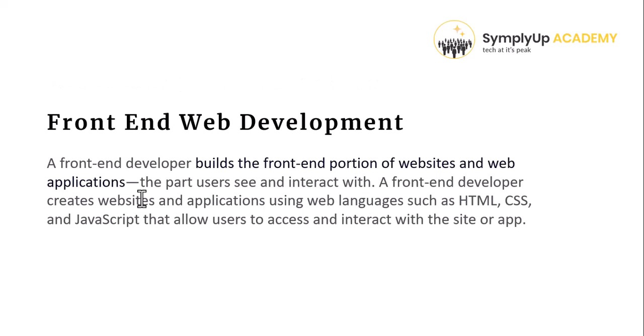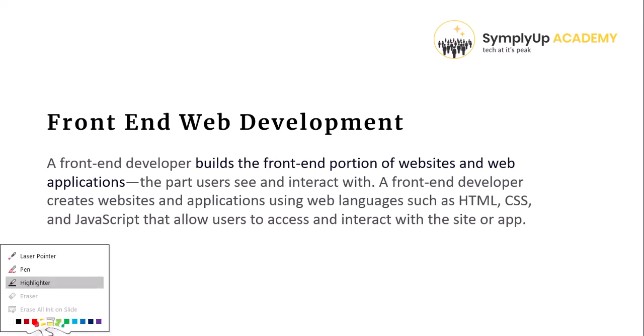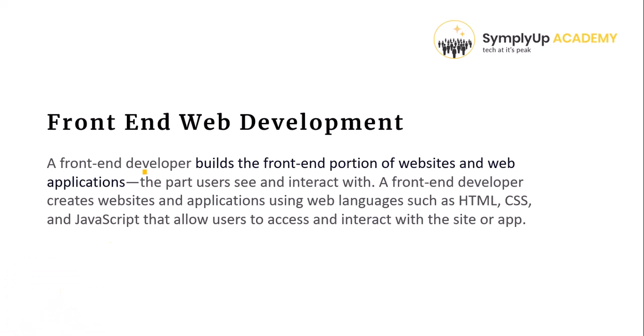It says a front-end developer builds the front-end portion of websites and web applications. So this one is telling you what a front-end web developer does first. Then from this other part here, it begins to tell us what front-end web development actually is: the parts the user sees and interacts with.